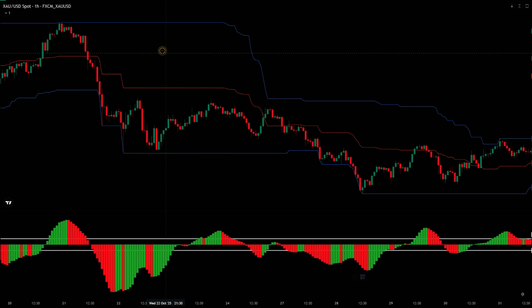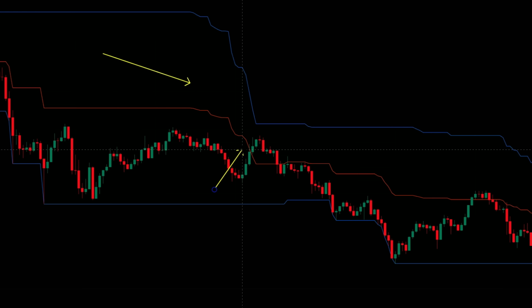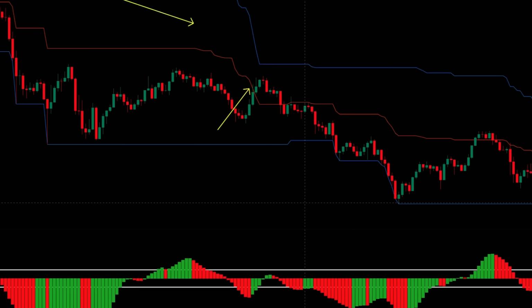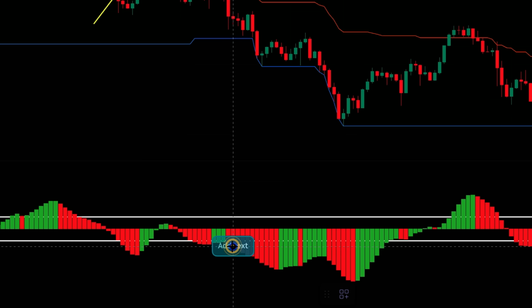Sell trades are the same logic. Flip below the midline, you only sell. Pull back toward the line, wait. Red momentum pushing clearly below the lower level, 2 to 3 bars.